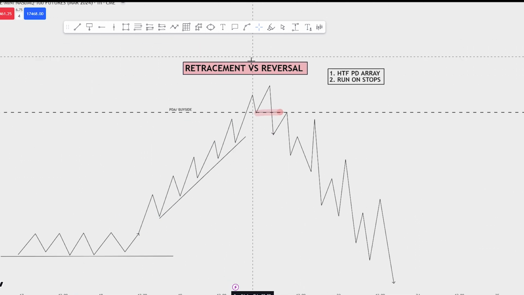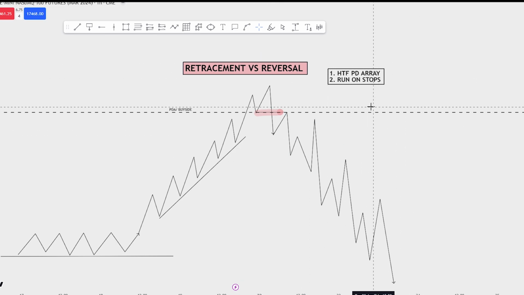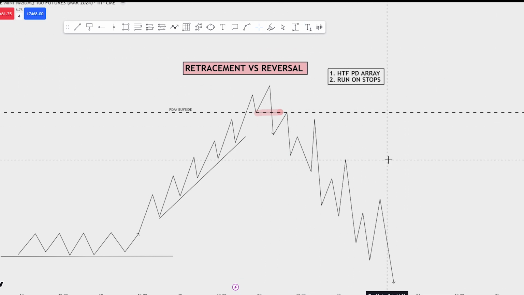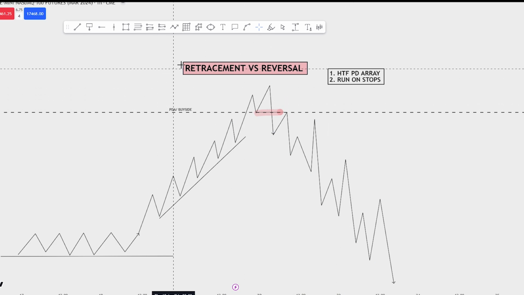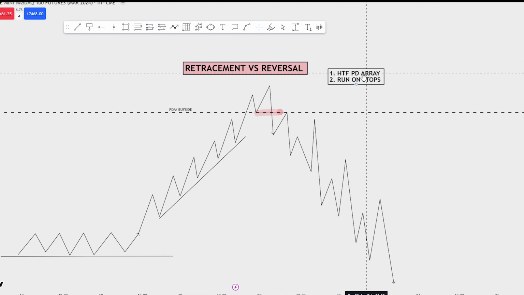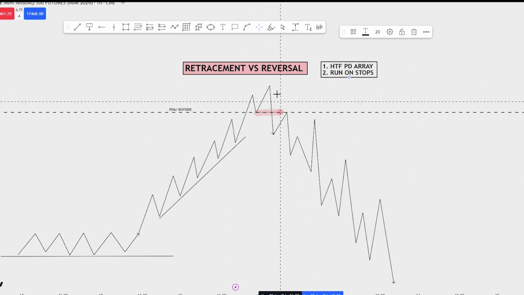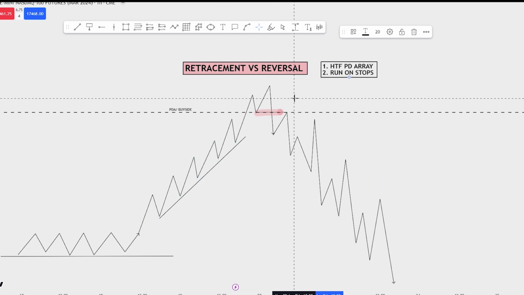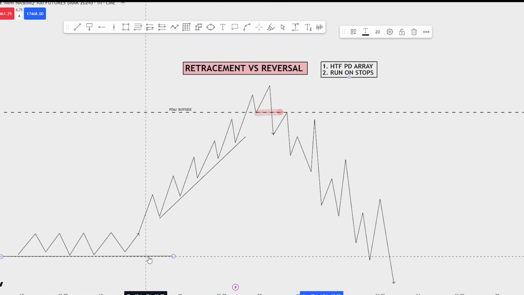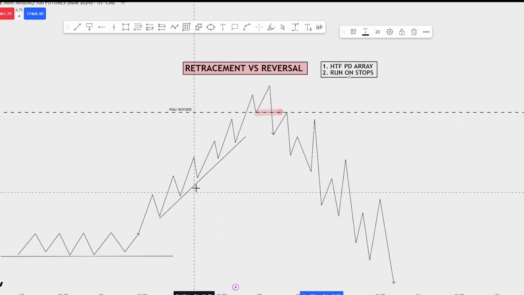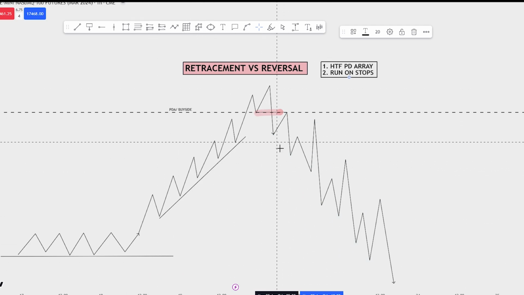You can anticipate reversals in a higher time frame PD array or a run on stops. That's when you can anticipate a reversal. To anticipate retracements, you have to know the draw and obviously run on stops. And you will only know that if we hit a PD array or buy side.